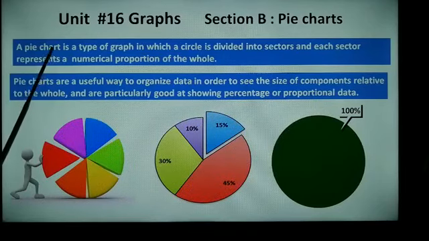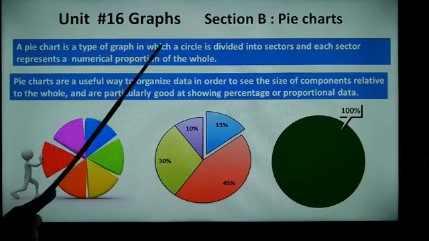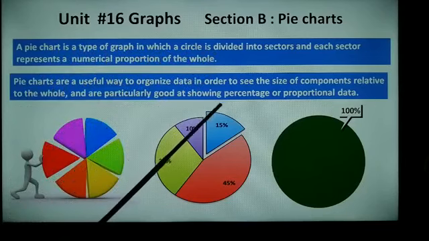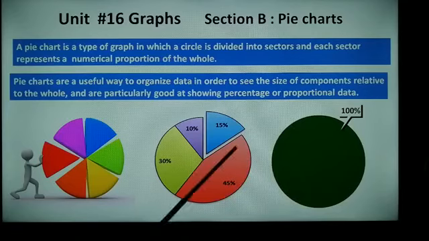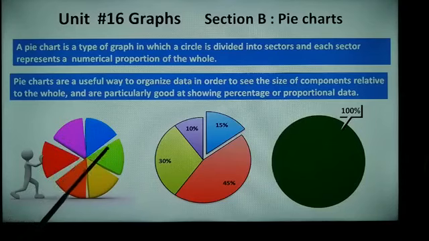Here it is telling, a pie chart is a type of graph in which a circle is divided. A pie chart is in the form of a circle and it is divided into sectors or slices. You can see the slices in different colors, isn't it? So we divide the circle into slices or sectors. And each sector is representing a numerical proportion of the whole.